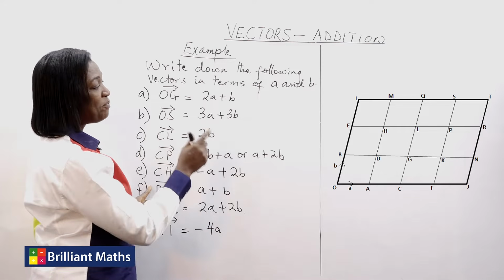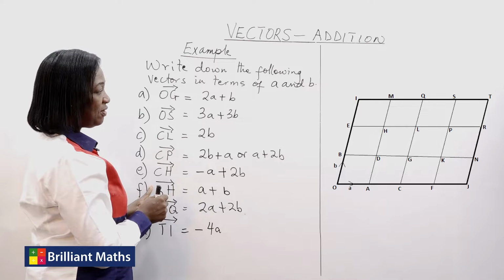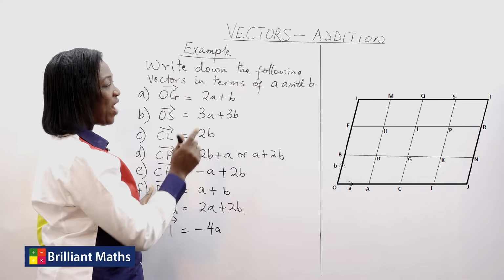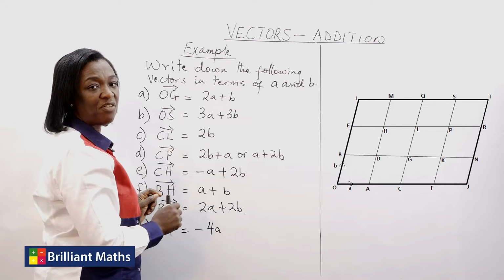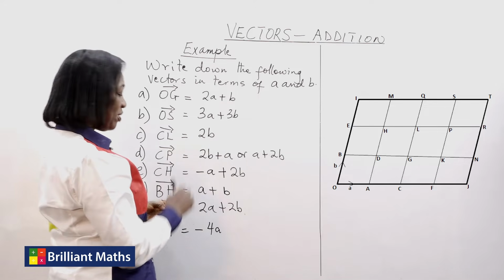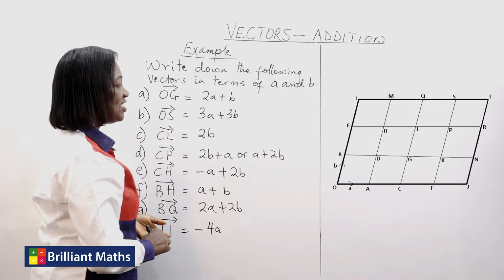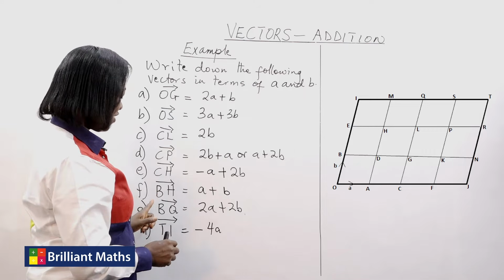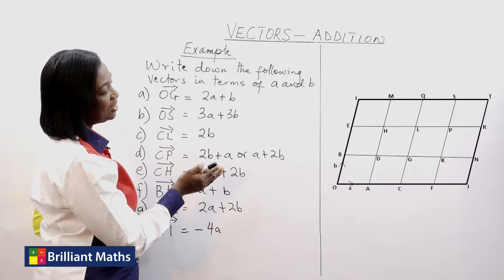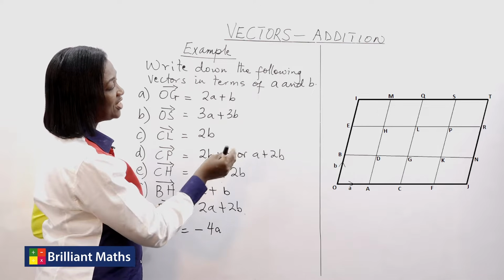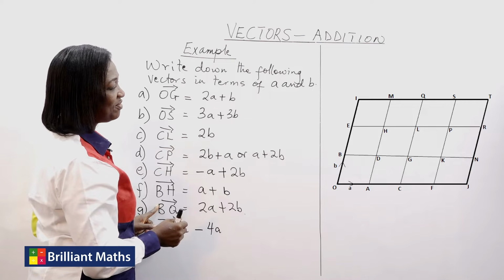The next is the vector BH. To go from B to H, you go one step in the direction of A, and then one step in the direction of B. So that is A plus B. Let's look for the vector BQ. BQ is 2A plus 2B.